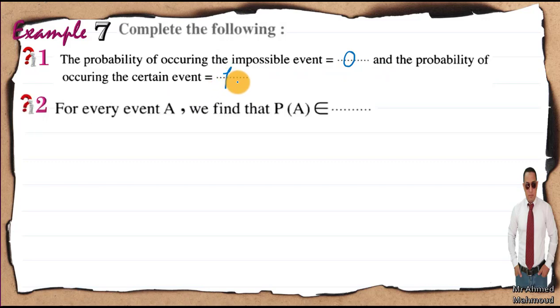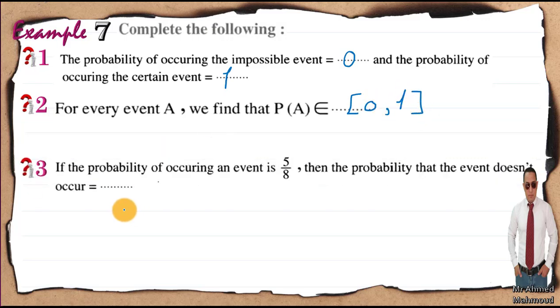And also for every event the probability lies between 0 and 1. The probability of occurring event equal 5 over 8, then the probability of not occurring equal 1 minus 5 over 8 equal 3 over 8.